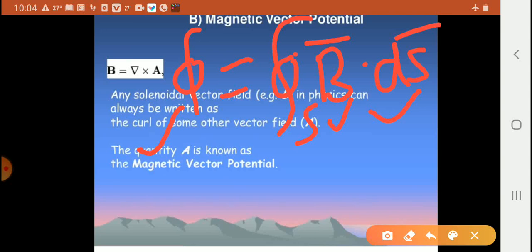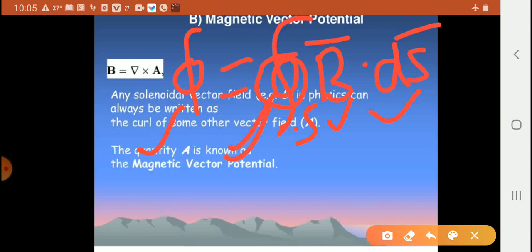But this is a closed surface integral, so this will be 0. The magnetic flux lines close on themselves. That means the number of lines entering the surface is equal to the number of lines leaving the surface.